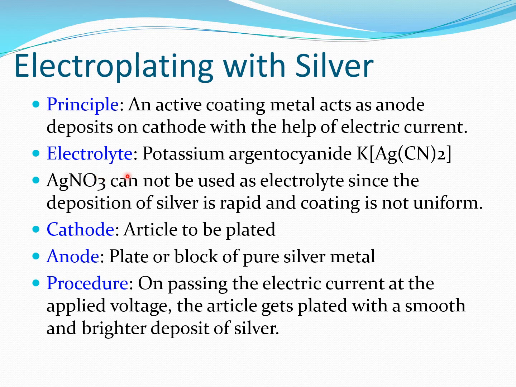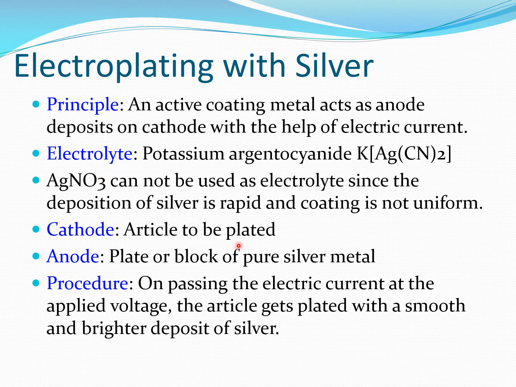The electrolyte is potassium argentocyanide, KAg(CN)2. Silver nitrate cannot be used as electrolyte since the deposition of silver is rapid and the coating is not uniform. Therefore, potassium argentocyanide, which slowly dissociates and releases silver ions into the solution, is used as the electrolyte.